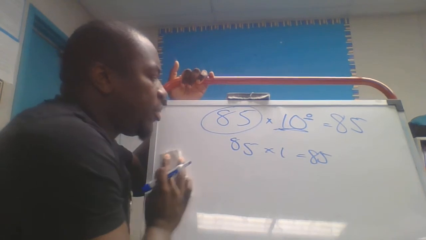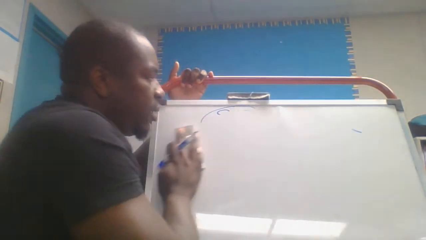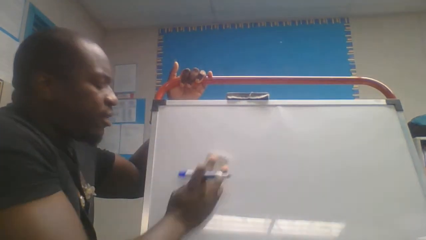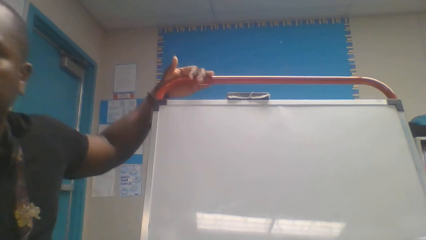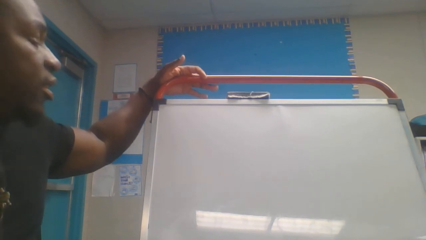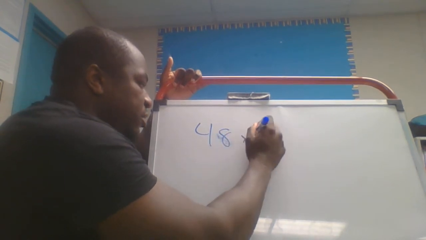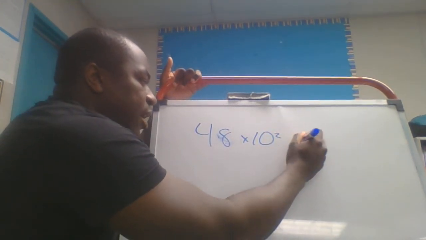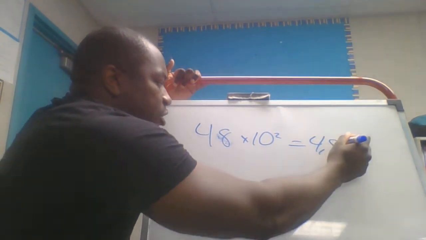Another thing that they're going to be asking you to do this time around is knowing if multiple things will have the same answer. For example, if something is true. So if I write 48 times 10 squared, and I go, hey, is this equal to 400 or 4,800?